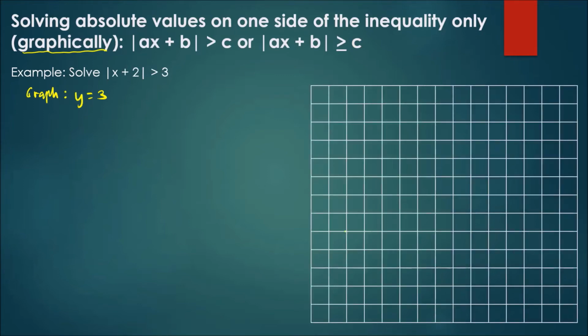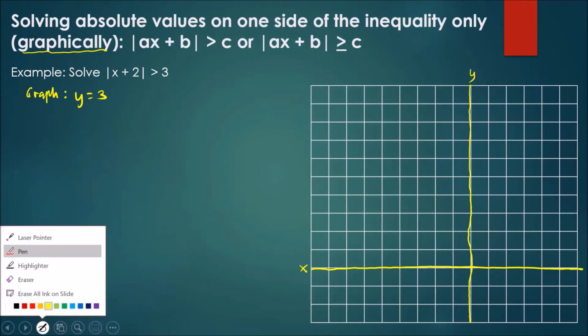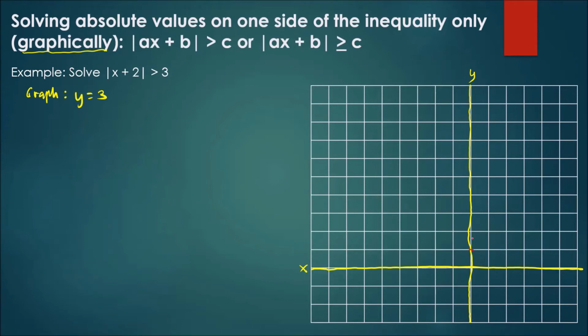If this is our x-axis, and this is our y-axis, then y is equal to 3 would be 1, 2, 3, right? So this is y is equal to 3.